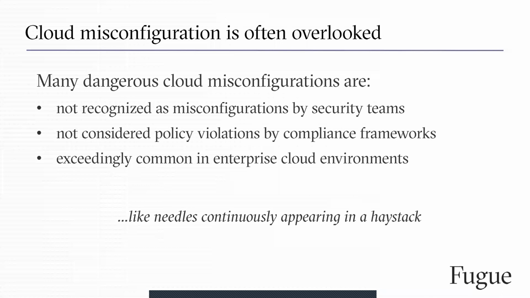They're not clued in yet to things like slight misconfigurations to IAM roles and policies, et cetera. So the security teams don't identify, in many cases, cloud misconfigurations that expose you to risk.